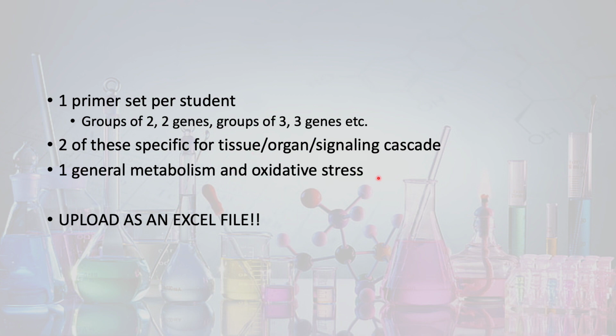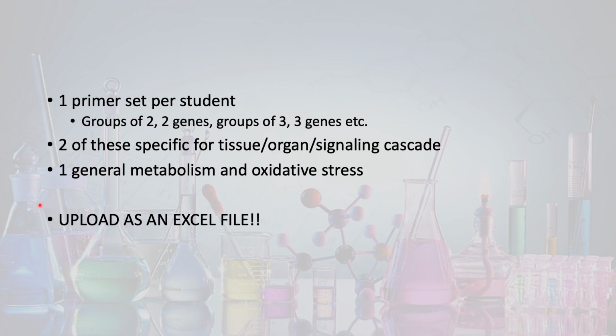Exposing our developing zebrafish larvae to our environmental toxin will undoubtedly cause changes in metabolism and changes in oxidative stress responses, for better or for worse. And maybe there's a way you can tie the results that you observe in these genes back into the effects of your other genes for your specific tissues or organs.